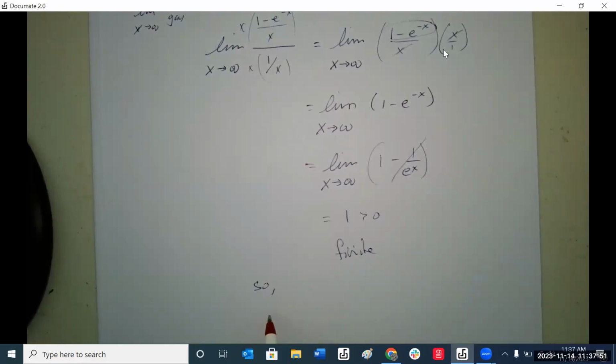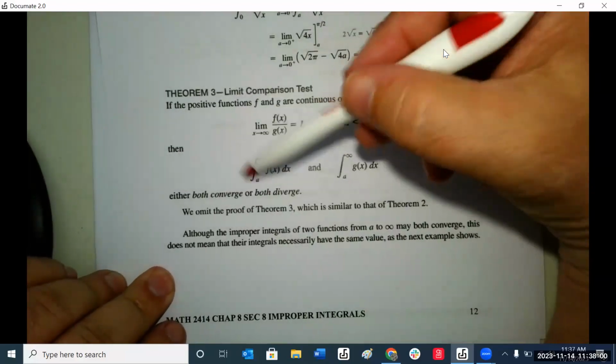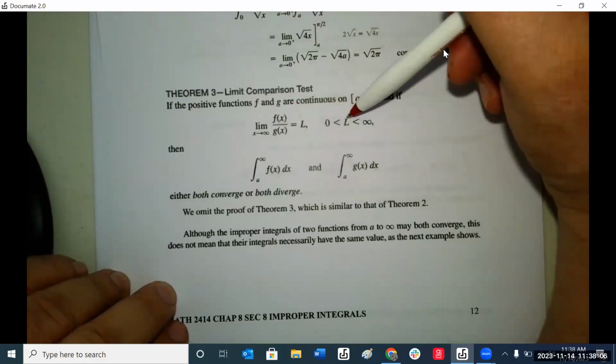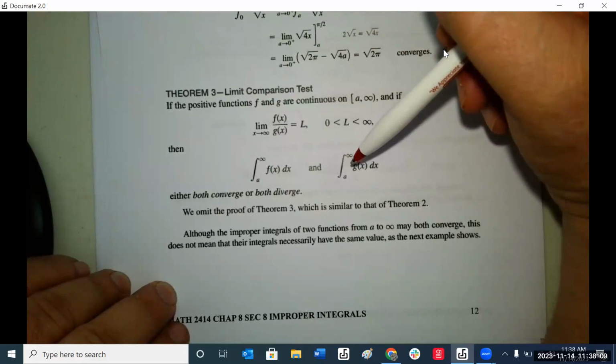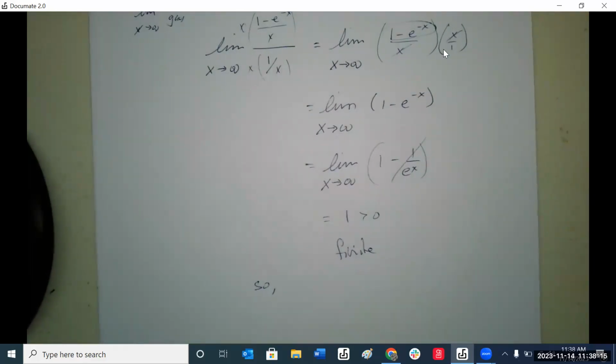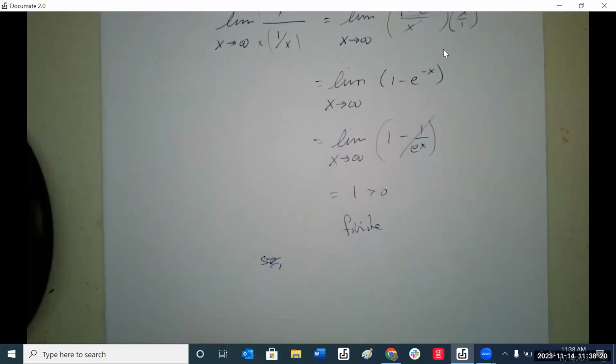Let's see what that says. We have this limit, it's finite, it's between 0 and infinity. Either both converge or both diverge. What happens at the integral from 1 to infinity of 1 over x?